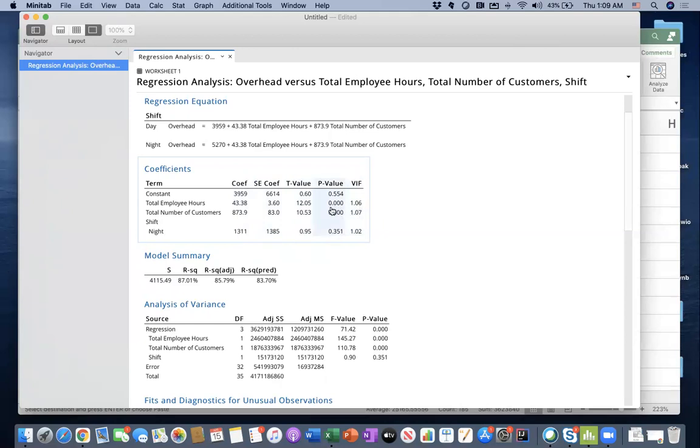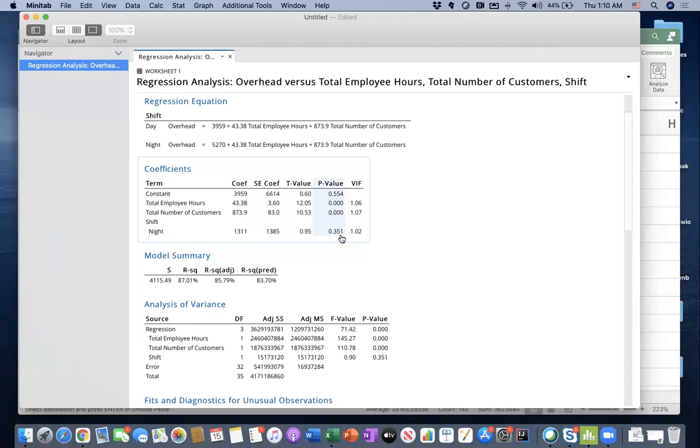Usually we look at the p-value for the predictor variables, or independent variables, the variables that we took as an input to predict the response. So let's check: for total employee hours, the p-value is 0. Total number of customers, the p-value is 0. And for the shift variable, the p-value is 0.351.